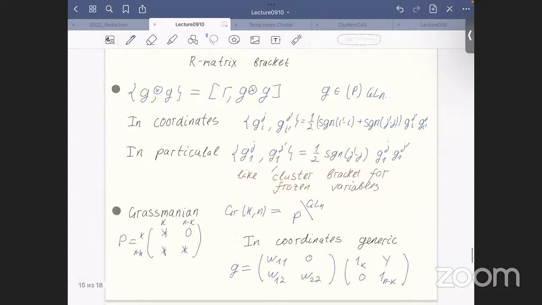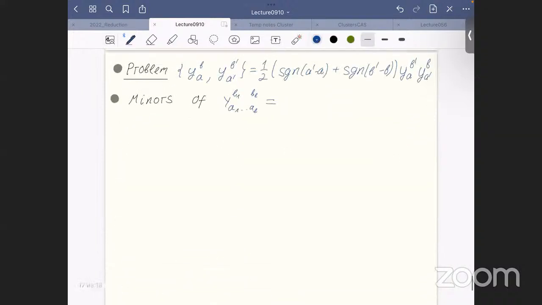Let me recall that we have this decomposition. If we take some set A1, ..., AL, we can add the remaining elements from here and get a K by K matrix. So this is equal, again, to a ratio of two determinants.